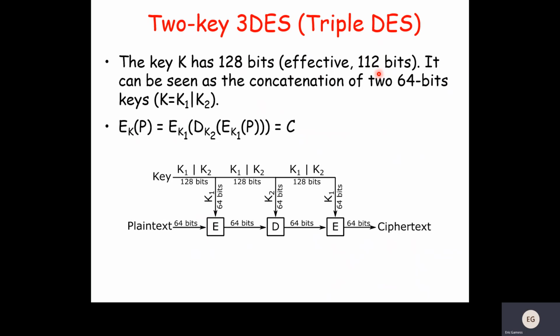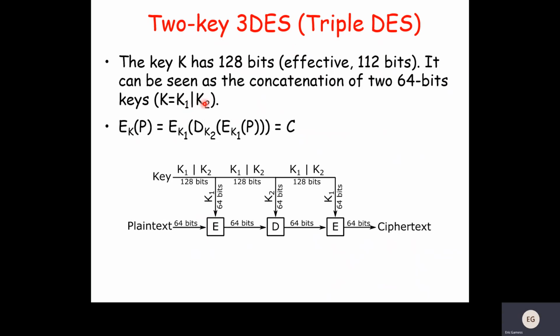So look at what we are going to see. We need a key of 128 bits. So we are going to break this key into 2 subkeys: the most significant 64 bits and the least significant 64 bits. So K1 will be 64 bits and K2 will be 64 bits. So what is triple DES with 2 keys?